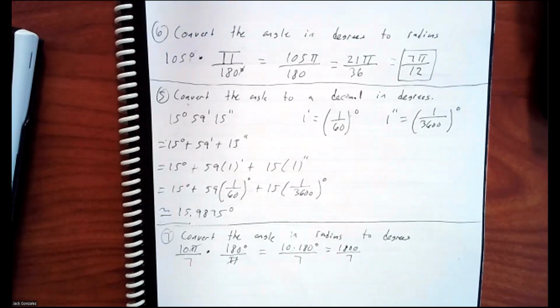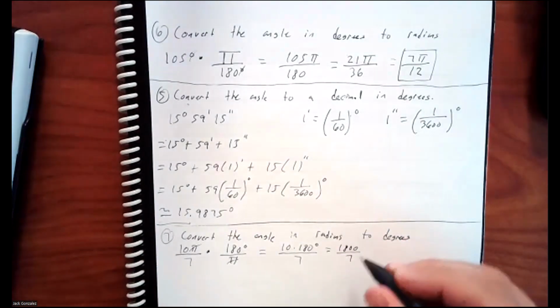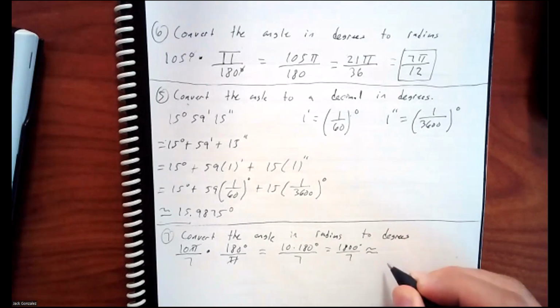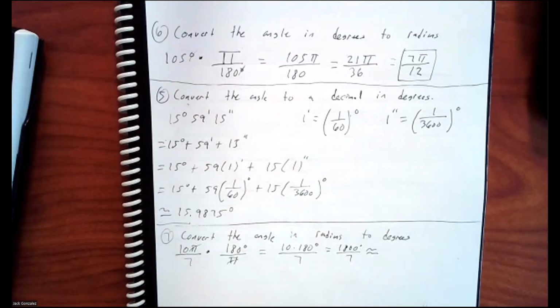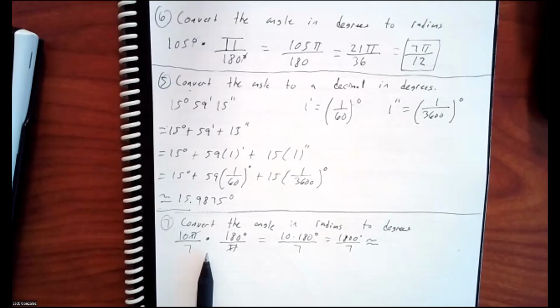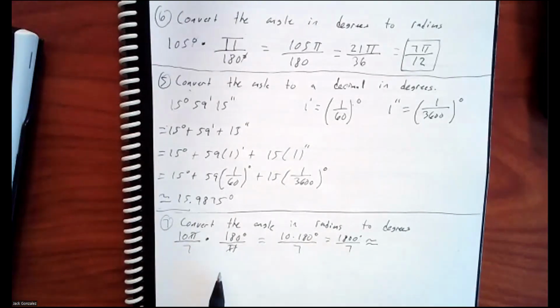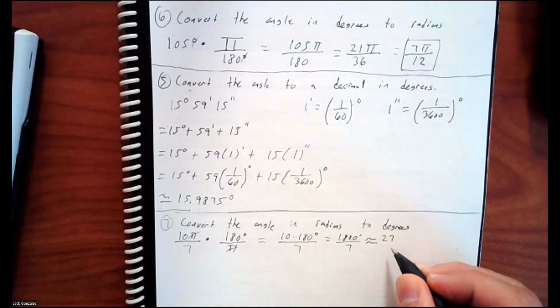If we're showing our work for this problem, would we be able to skip the steps if we know it's just going to be 1800 divided by 7? Or do you want to see the whole 10 pi over 7 and see the pi's cancel out? This step is good to show first. Yeah, this step right here, and then you can skip some parts, especially in this question because it says decimal. You can punch this into your calculator.